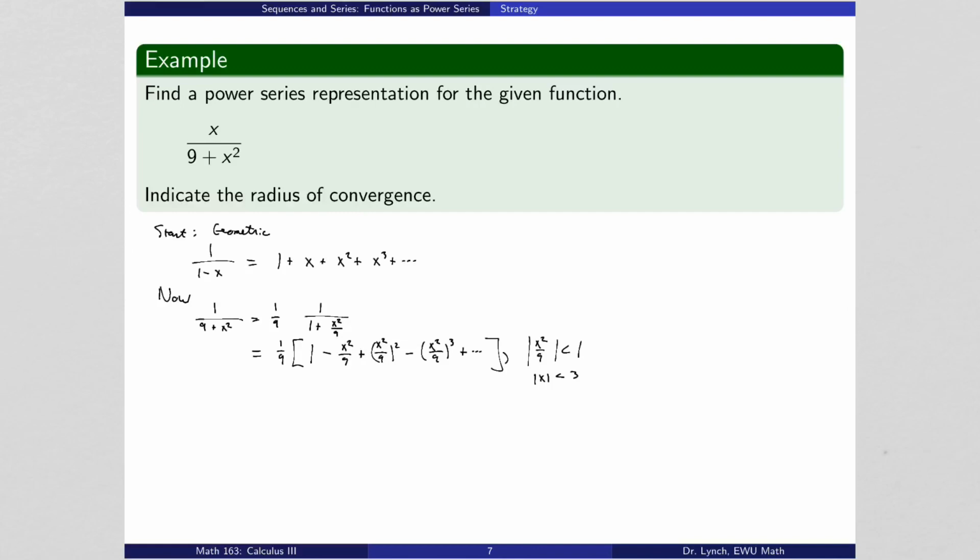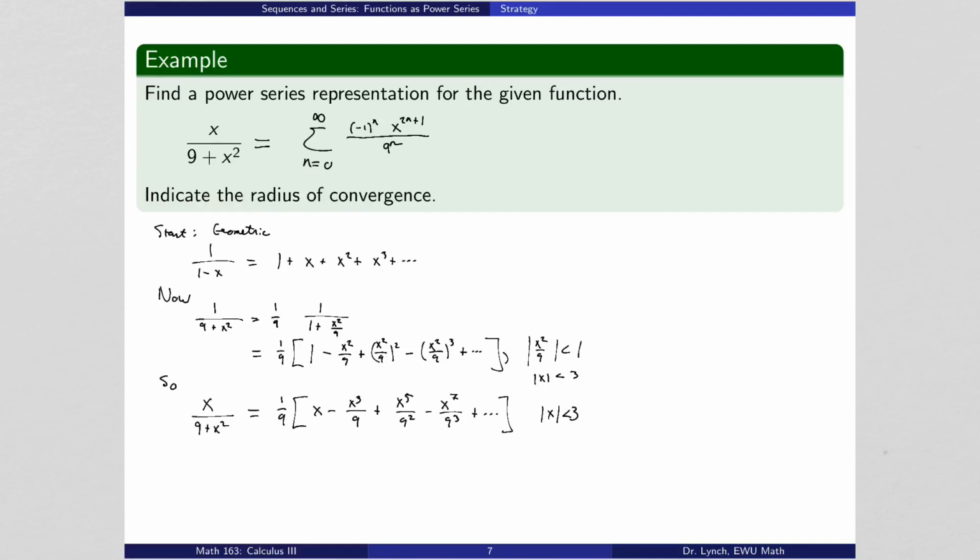Now replacing again x by negative x squared over 9 in our geometric series, we get the following expression, and then all that's left is to multiply through by a power of x to get the expression we'd like to have.